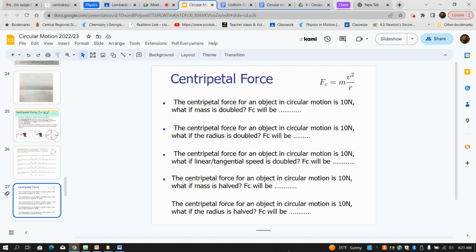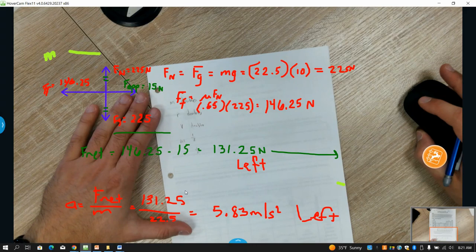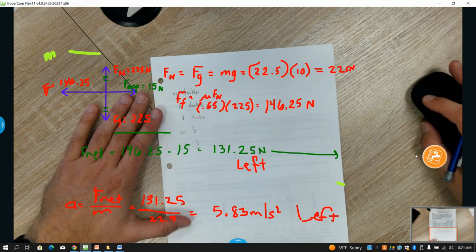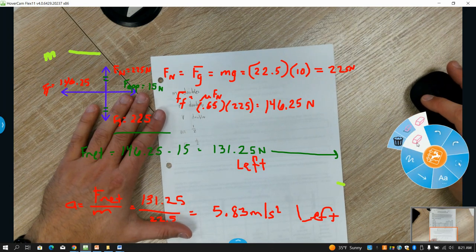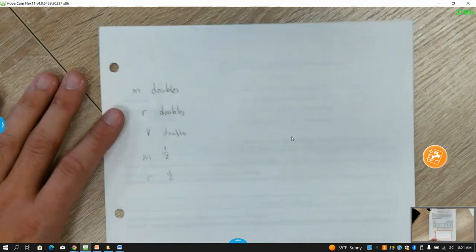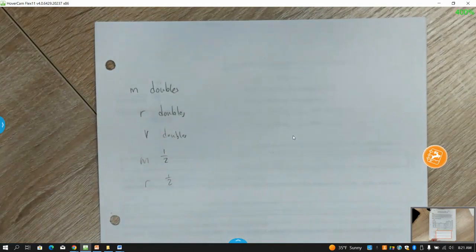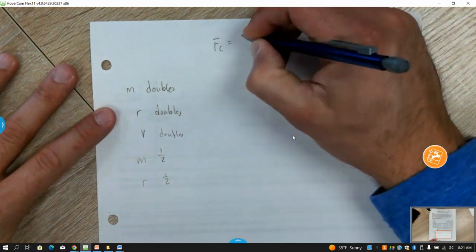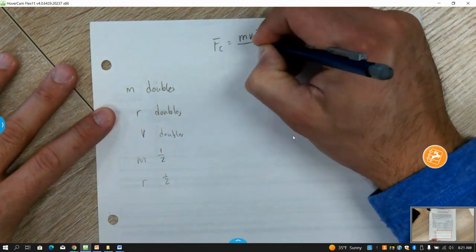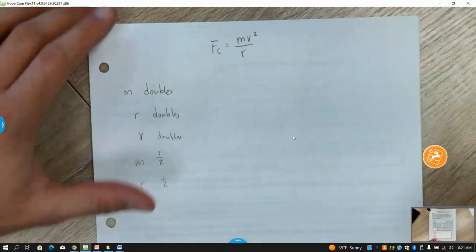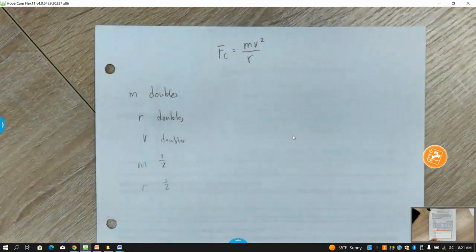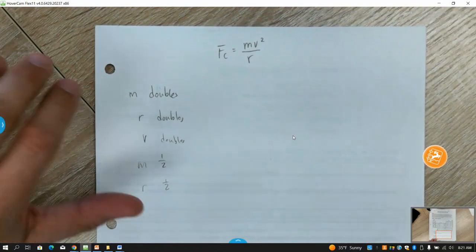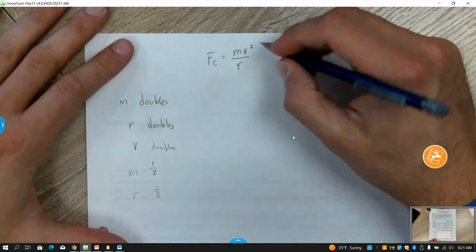Okay, so we're going to just add these. This was from our test, so we don't need that. All right, so centripetal force is mv squared over r. You guys are familiar with the equation. This is what I call it anytime we make a proportionality type of problem.